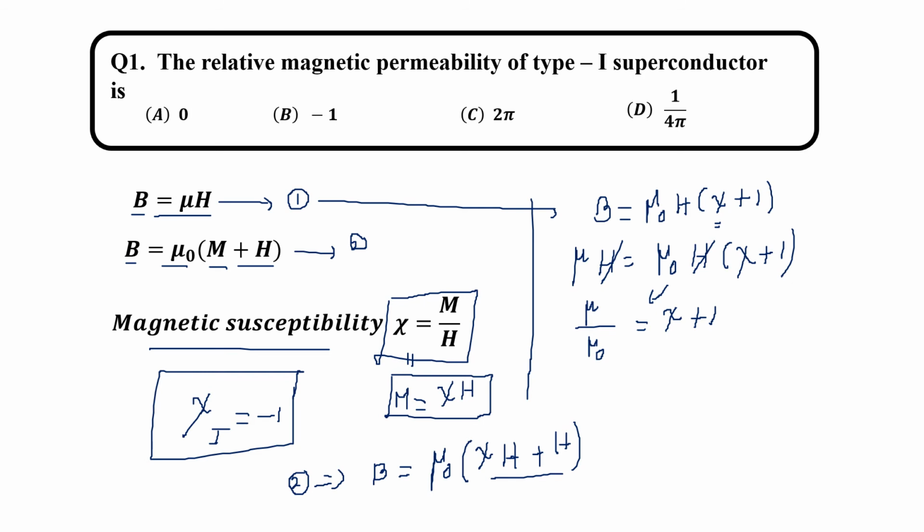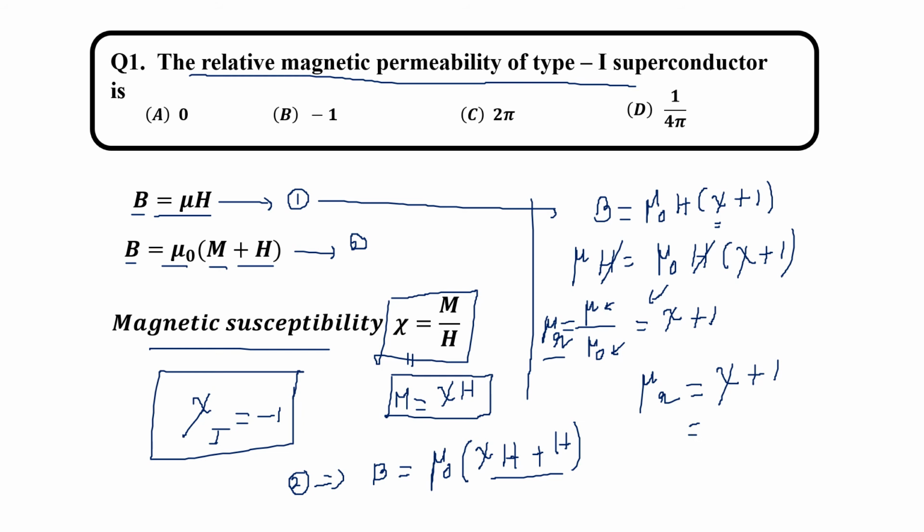This ratio, the permeability of the medium divided by the permeability of the vacuum, is the relative permeability of that medium, mu r. This is what we need. Here they are asking for the relative magnetic permeability of the type 1 superconductor. So the relative permeability mu r would be equal to chi, the magnetic susceptibility, plus 1.